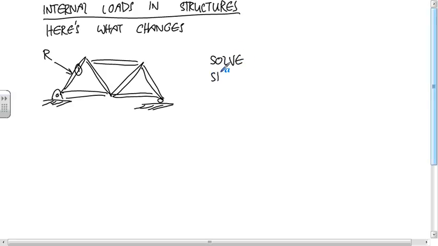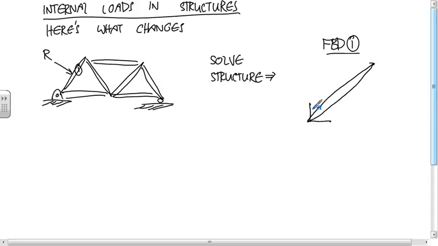So solve the structure, and it tells you that your free body diagram of member 1 looks like this. You have a force vector here that now you know values for. Call that FA. You have a force vector here that you have values for, let's just call that FB. And then you have this external force R.